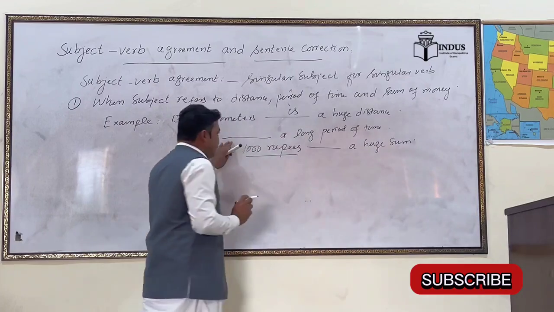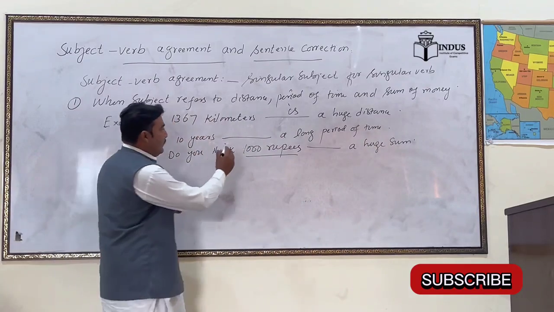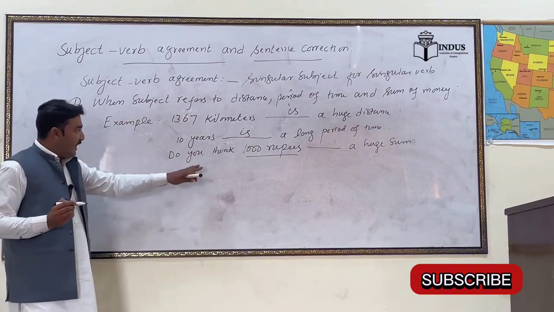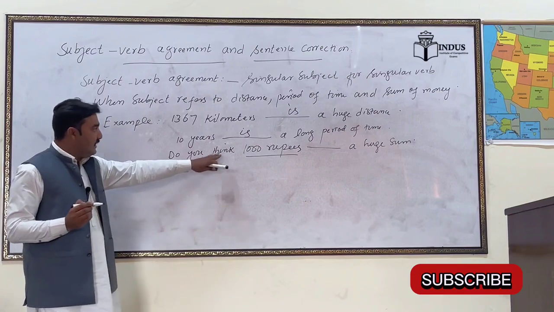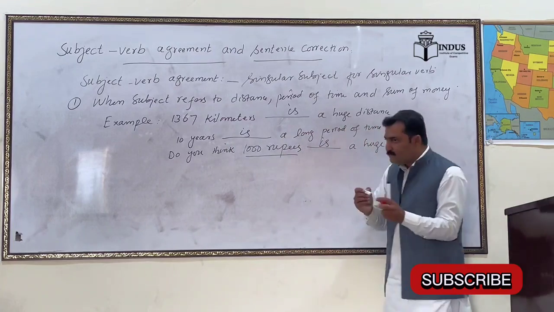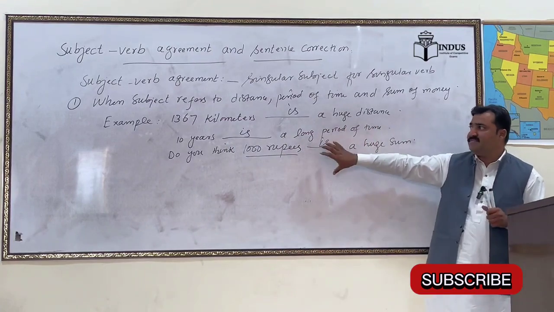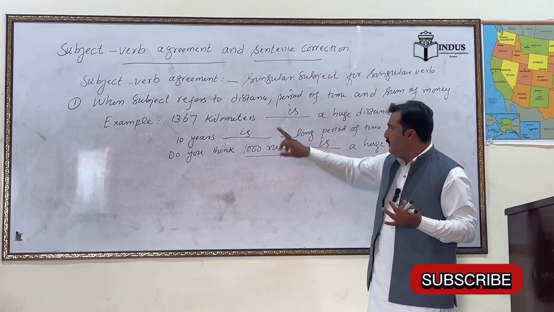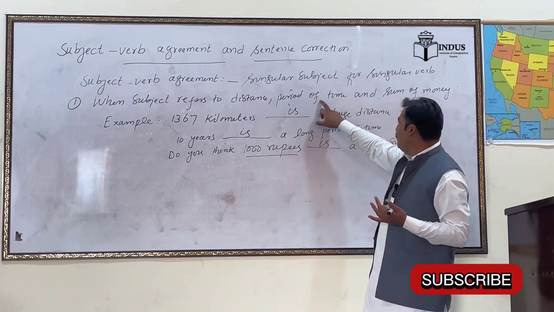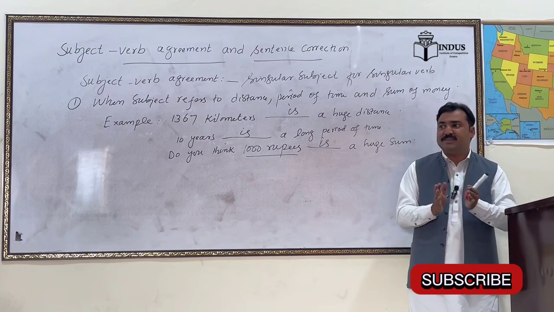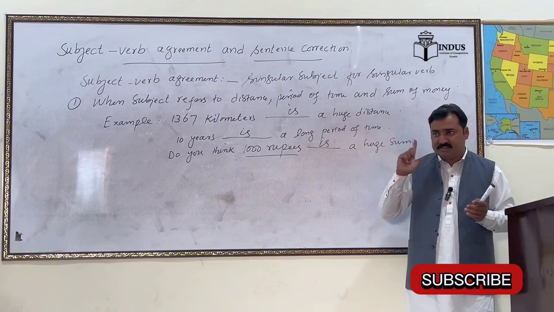We can say 10 years is a long period of time. And we will say, do you think 1,000 rupees is a huge sum? So remember the first rule, that if your subject deals with distance, period of time, and sum of money, all these subjects should be treated as singular.